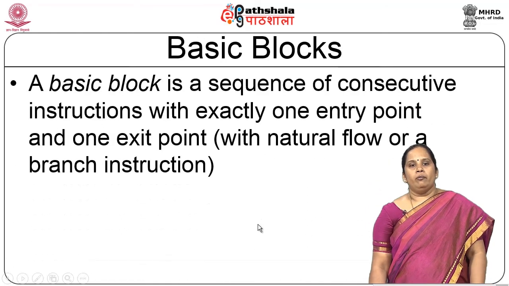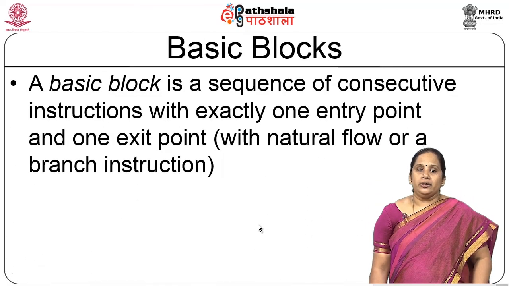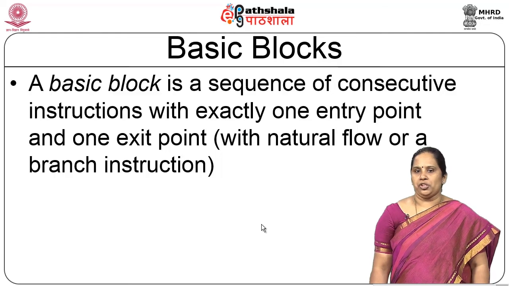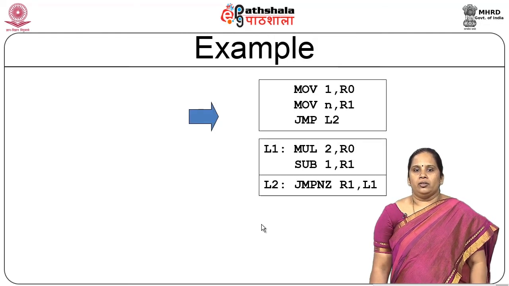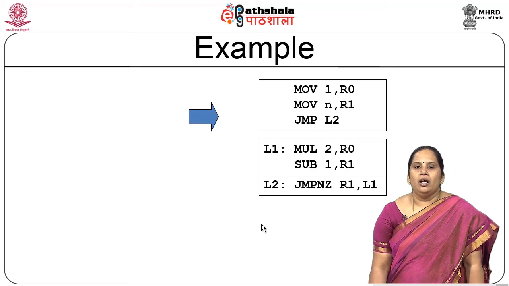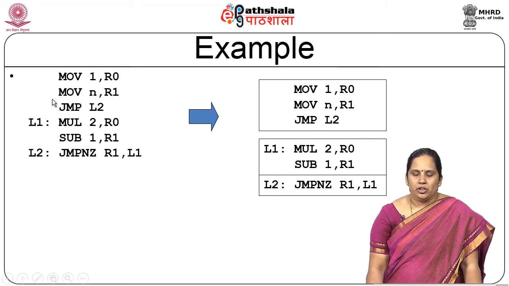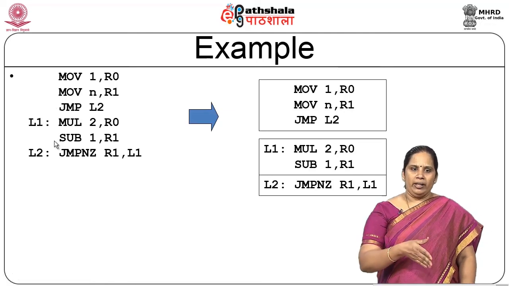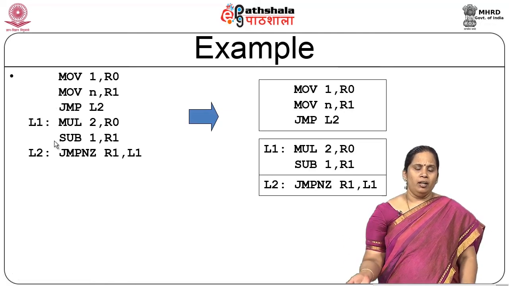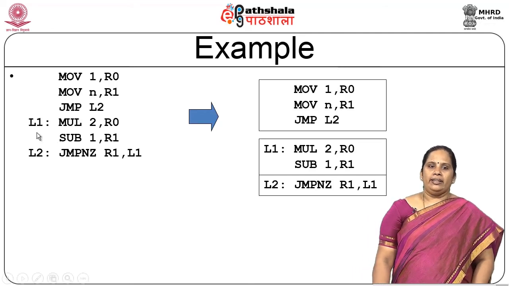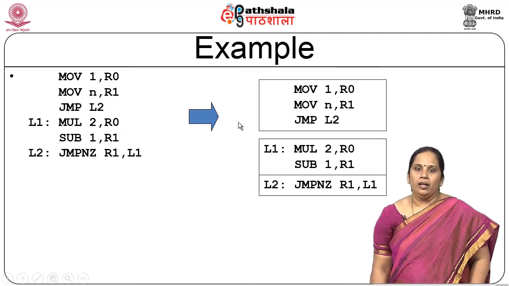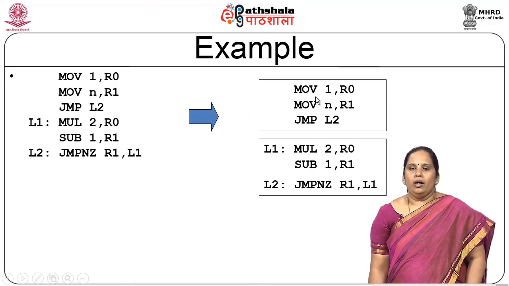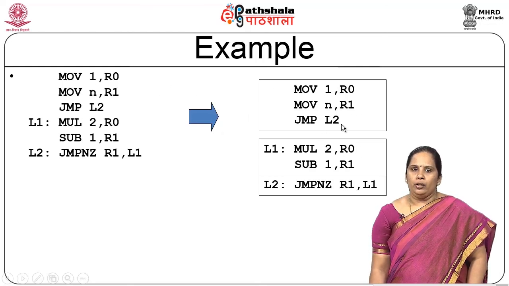Now, a basic block is a sequence of consecutive instructions with exactly one entry point and one exit point, with a natural flow or a branch instruction. So, here let us take this. This is my sequence of instructions. Again, basic blocks can be constructed either at the intermediate level or at the final code level. I have it at the intermediate level here and at the final code level here, where I have move 1 comma r0, move n comma r1, jump L2.